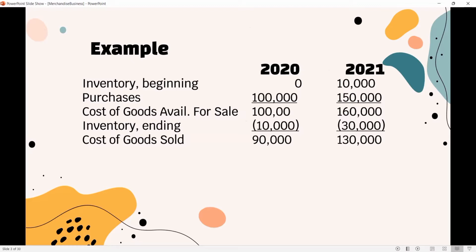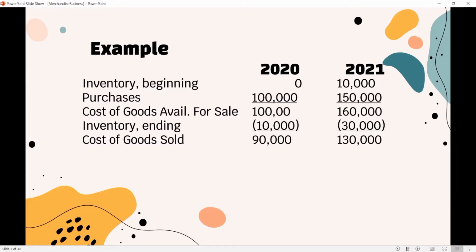Mag-example tayo. Example natin is inventory beginning. Halimbawa, wala pa tayong beginning. Nag-i-start pa lang tayo sa ating company, so wala pa tayong beginning sa year 2020. Ngayon, bibili tayo. We will purchase para may benta tayo. Nag-purchase tayo ng 100,000.